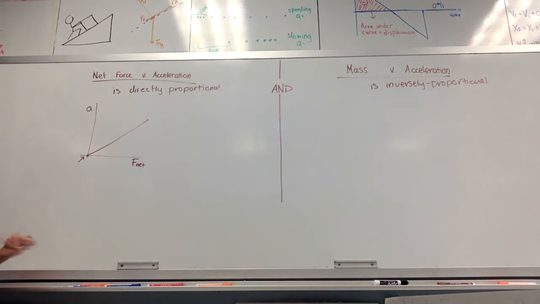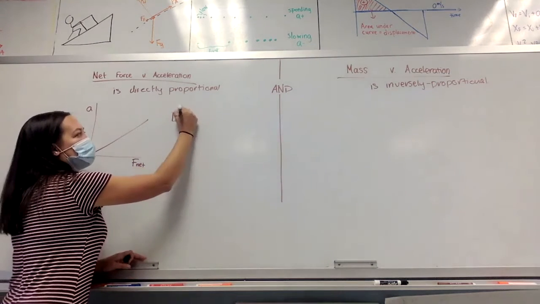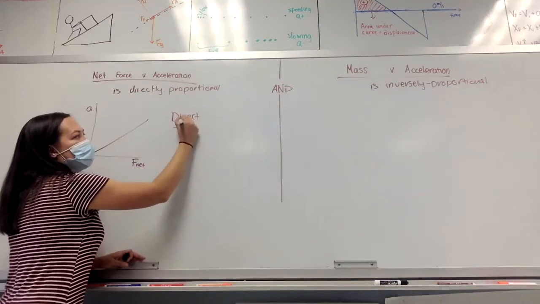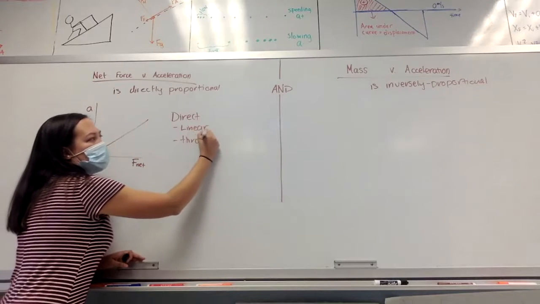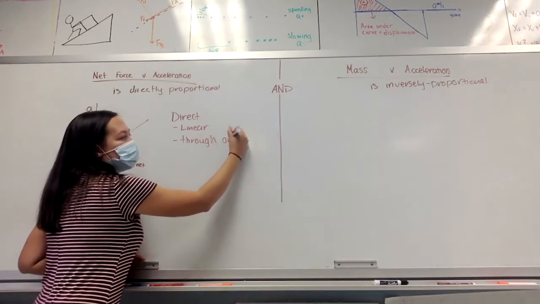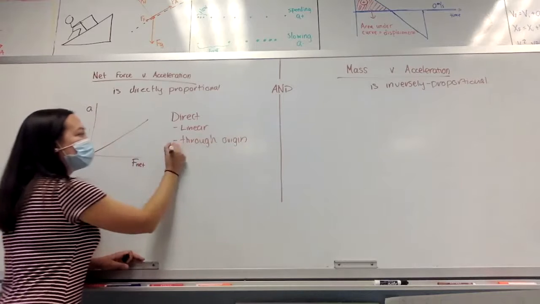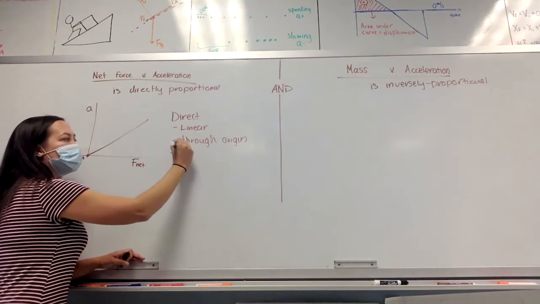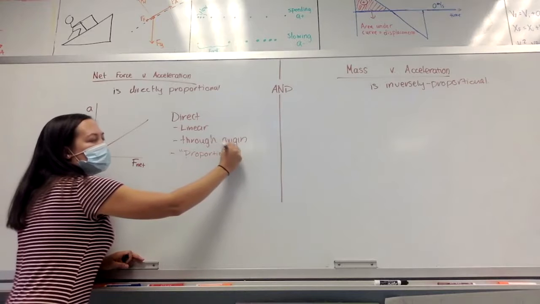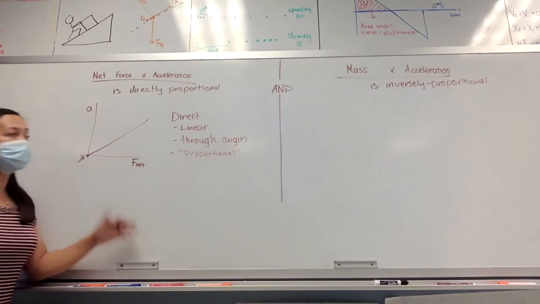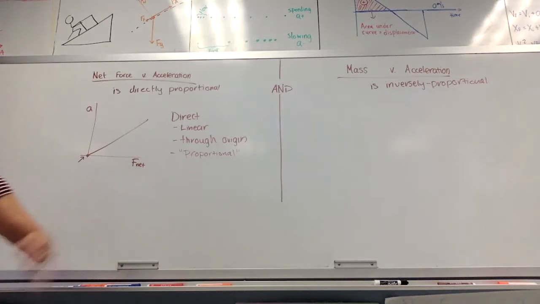So we call this type of relationship direct because it's linear, it goes through the origin. Other words for this, like if you are in Quick Graph, also calls this proportional. And it's called proportional because the proportions of this equation are easy to work with.